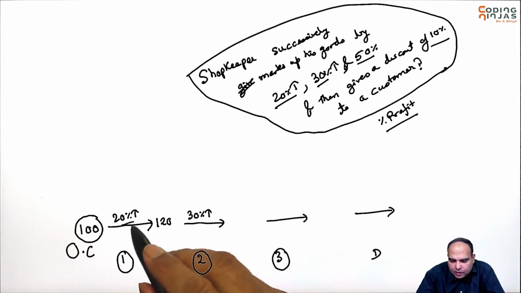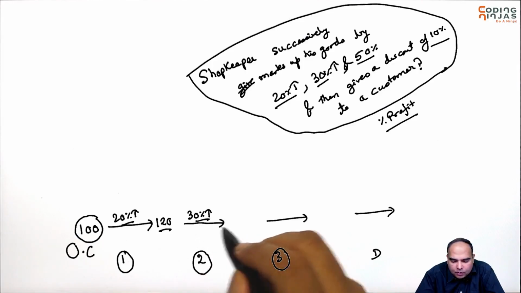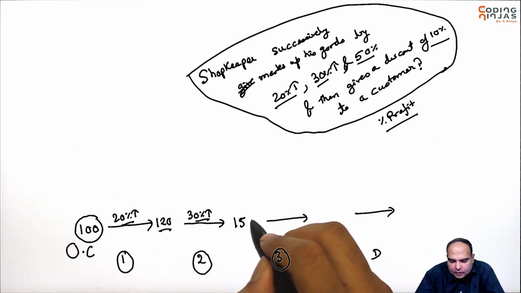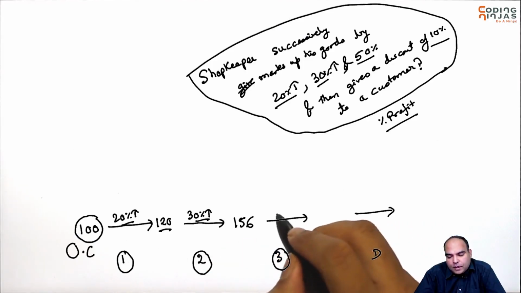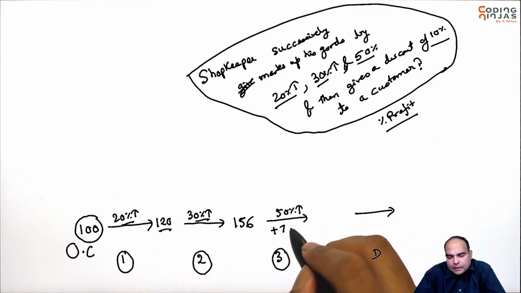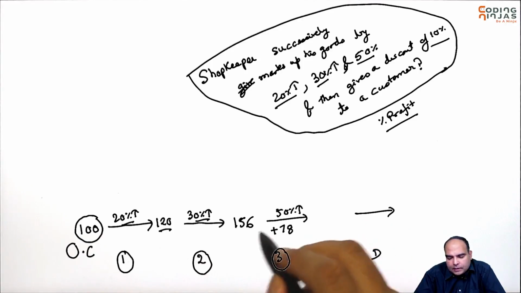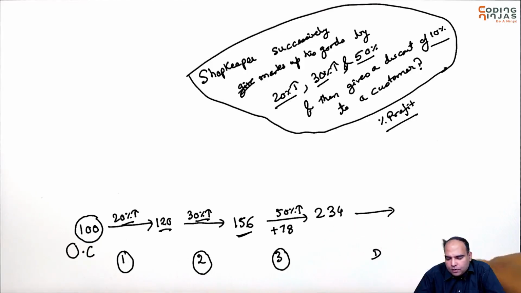A 20% increase on 100 makes it 120. A 30% increase on 120 makes it 156. A 50% increase on 156 makes it plus 78, that's half of 156, so that makes it 234.